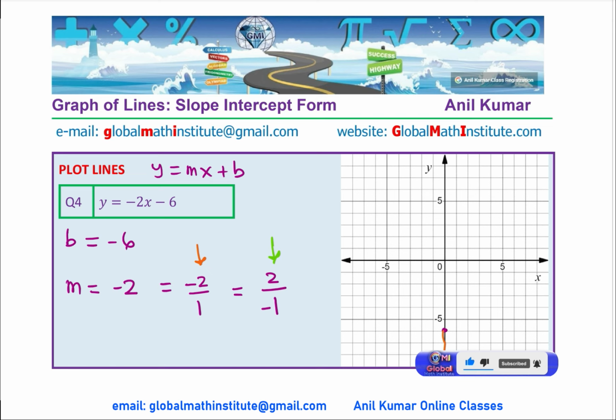So we'll go with this: 2 up from the y-intercept, 2 up, 1 left, right? 2 up, 1 left. You see that? So we have a set of points which can be joined with a straight line, and that will represent the equation on the graph, correct? Does it make sense to you?